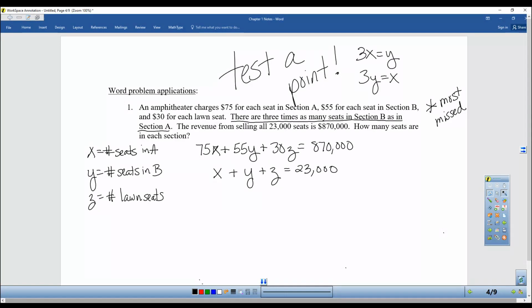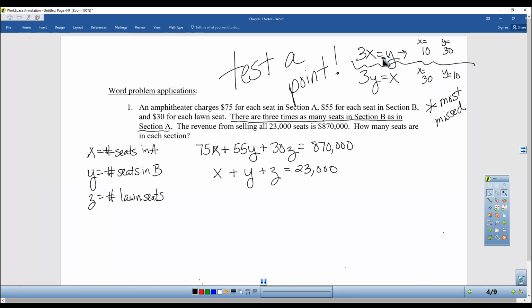Test a point. So if x is 10 seats, then according to this formula, y would be 30 seats, right? On this way, if y was 10 seats, then x would be 30 seats.